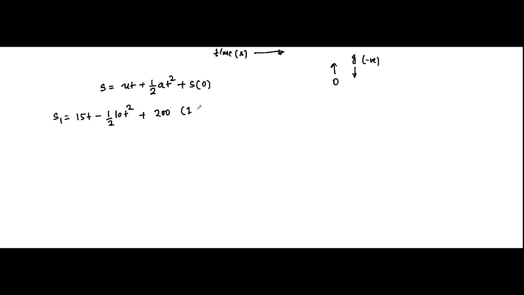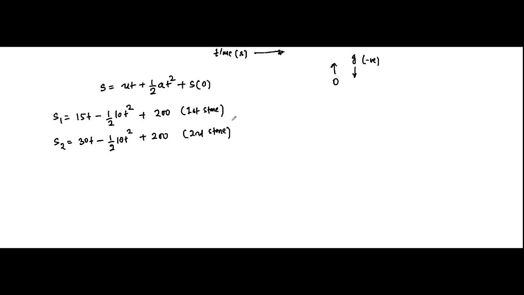That is the first stone. Then the second stone, initial velocity thrown upwards 30, so it will be 30t, again minus 1/2 10t square plus 200. This is the second stone.